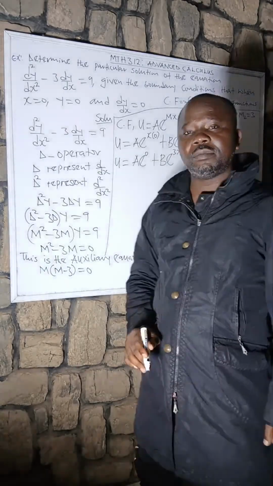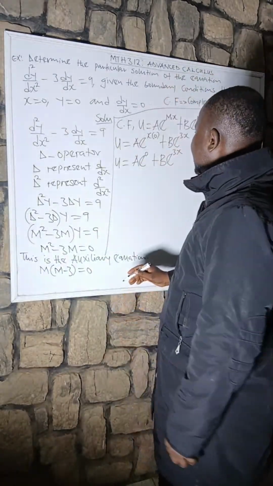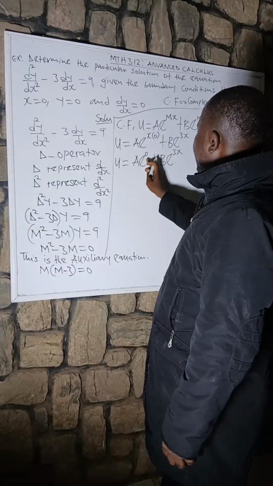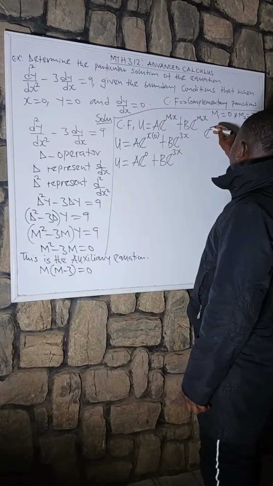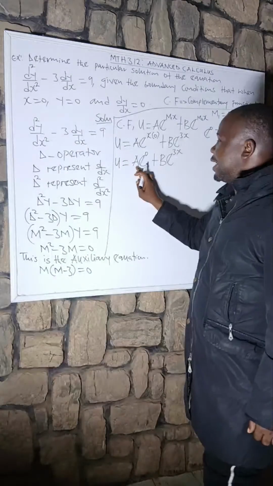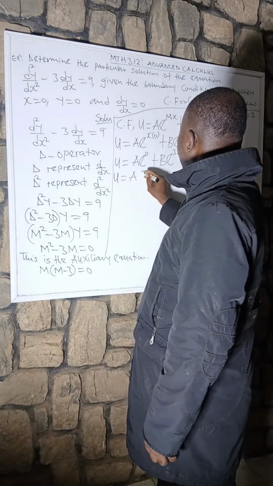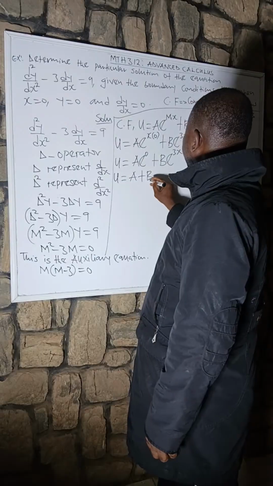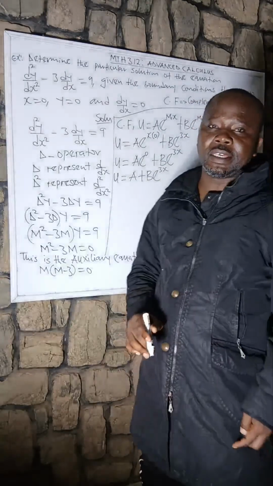So in the complementary function we are going to have a constant. How? Because this exponential is 1, because anything raised to 0 is what? 1. So if you use 1 to multiply a, the complementary function will now be a plus b exponential 3x.